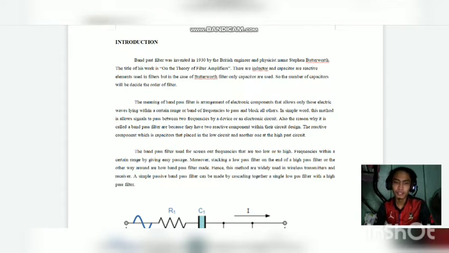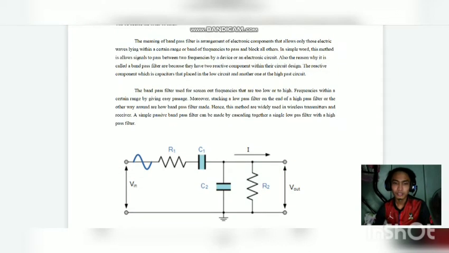Hence, this method is widely used in wireless transmitters and receivers. A simple passive bandpass filter can be made by combining a single low pass filter with a high pass filter. So this is an example of the circuit. There are the high pass and low pass.